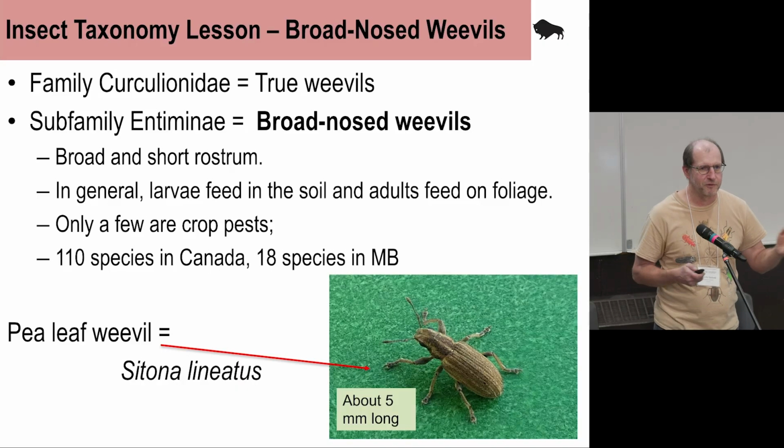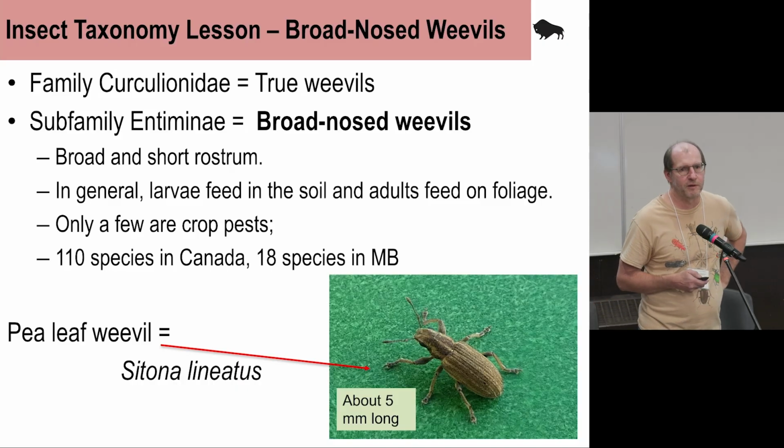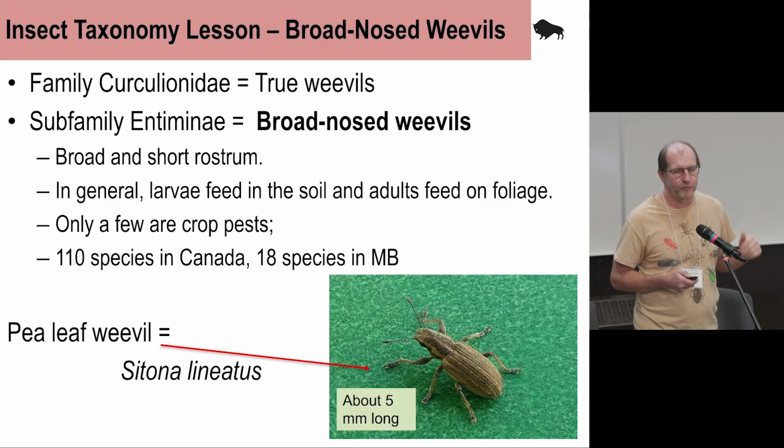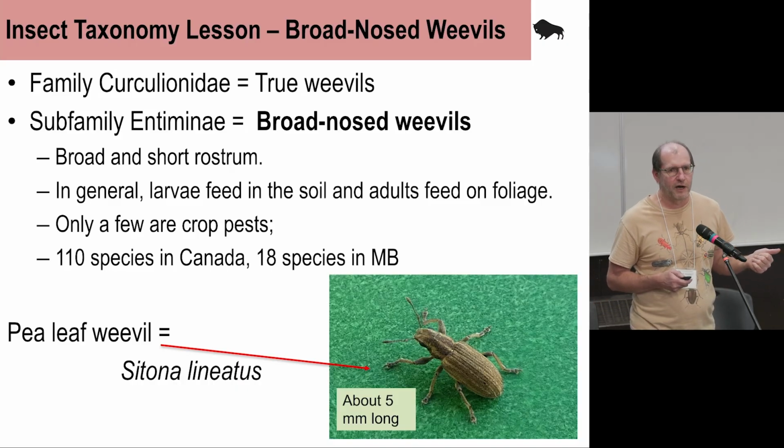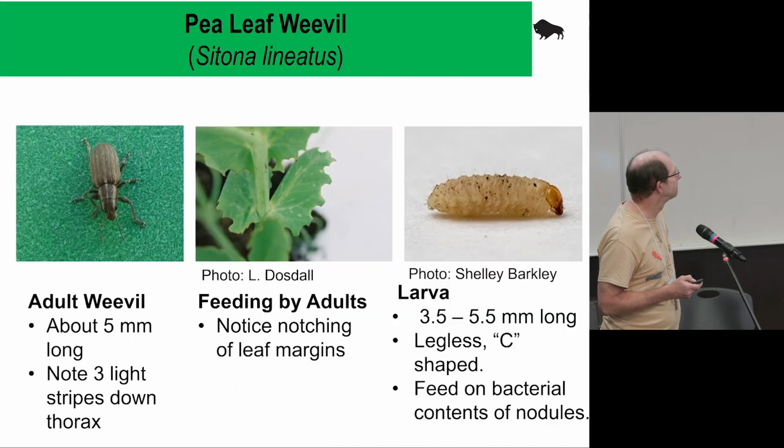And there are lots of exceptions. This is one of them. There are 18 different broad-nosed weevils in Manitoba. You'll see a few of them in any given alfalfa field. Sweet clover weevil is another one. There's alfalfa curculio. There are a few of them that all have the sawed-off snouts.